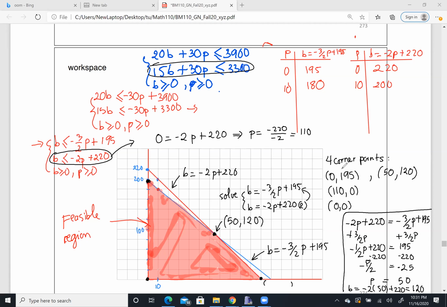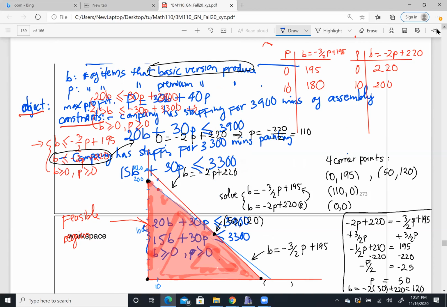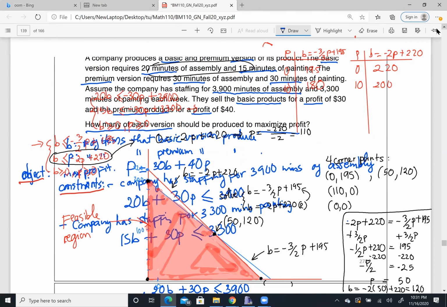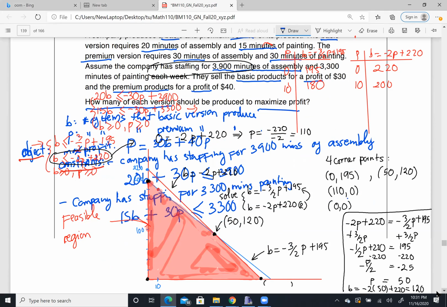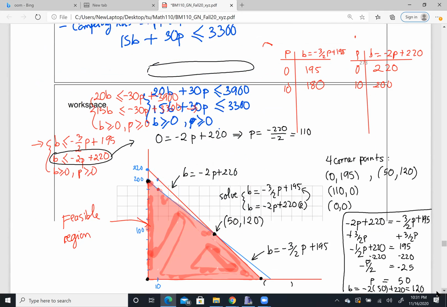So what is the objective function? Let's move up to C. The objective function is 30b plus 40p. Okay, so 30b plus 40p.